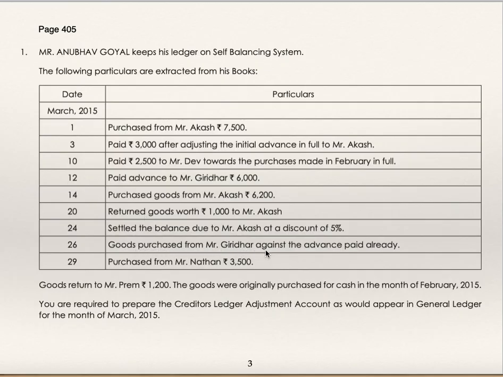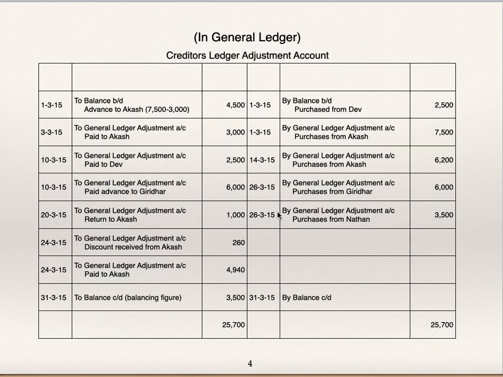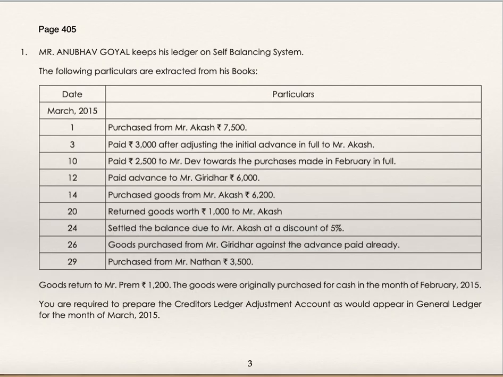Goods purchased from Giridhar against the advance paid already. Advance paid to Giridhar was 6,000 on 12th, and against this advance goods were purchased. By general ledger adjustment account, purchases from Giridhar 6,000. Purchased from Nathan 3,500.